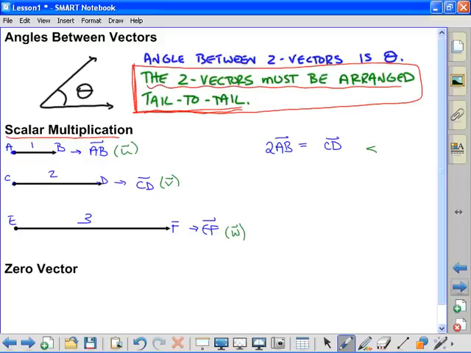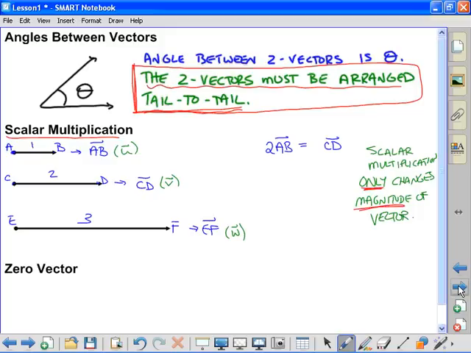So scalar multiplication only changes the magnitude of a vector. Very, very important, and plays a huge role for us a little bit later on.